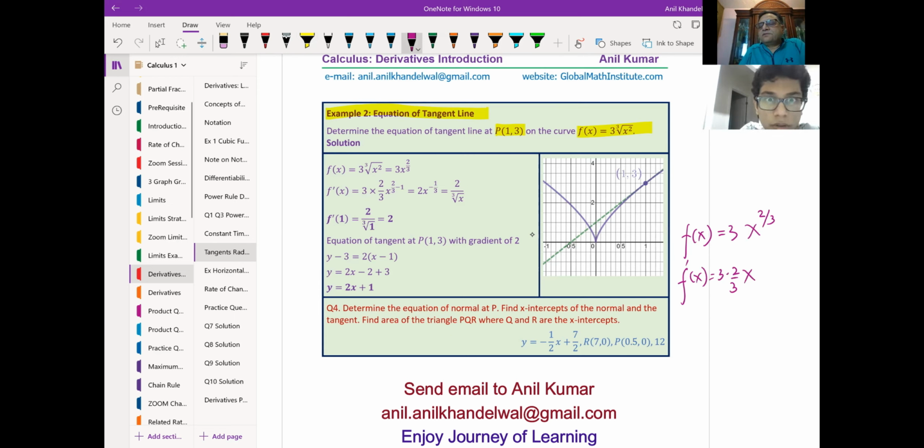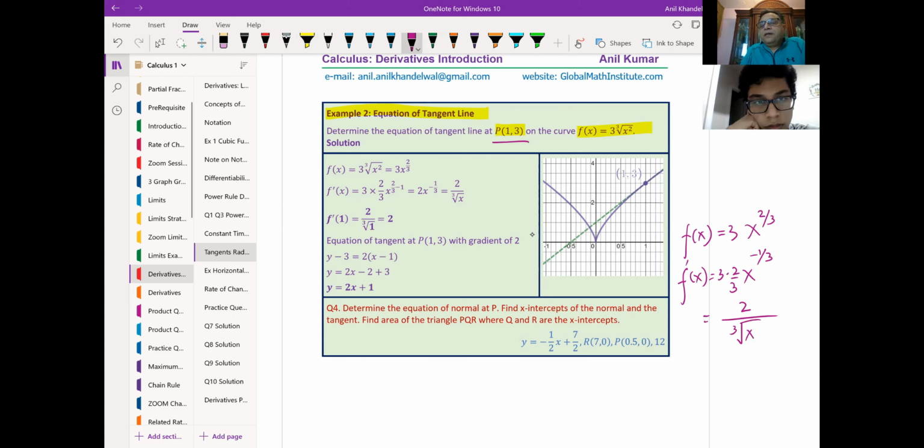So 2 over 3 minus 1 will be minus 1 over 3, correct? Which is 2 over the cube root of x. We need to find the tangent at the point P, which is (1, 3). So if I substitute 1 here, then I get the derivative at the point x equals 1. And so that is 2, right?